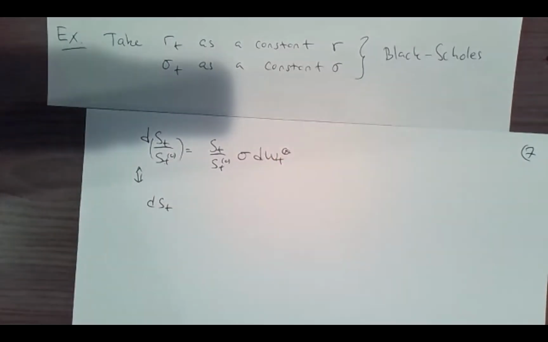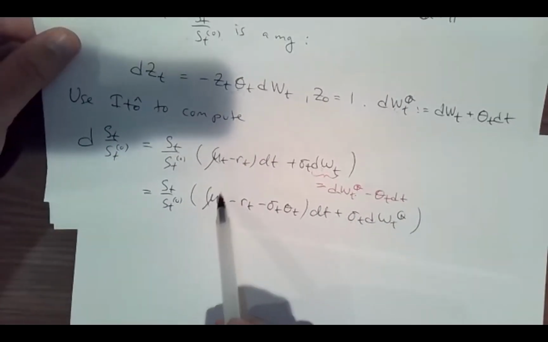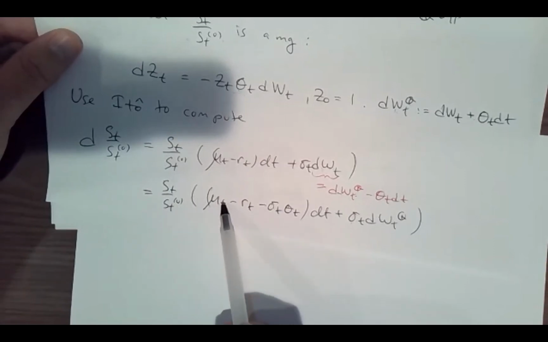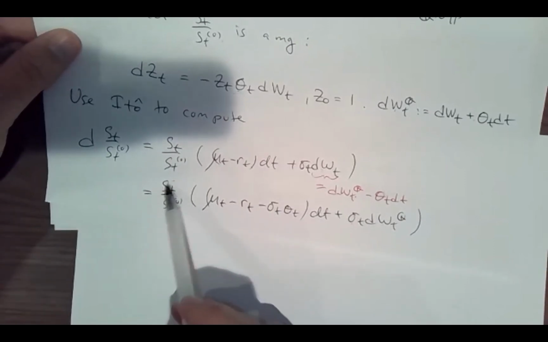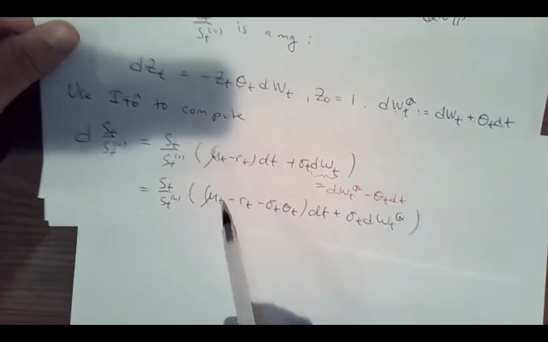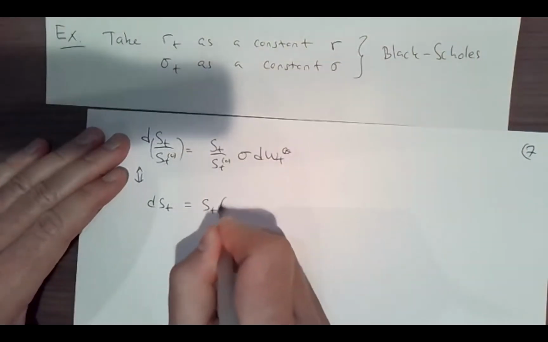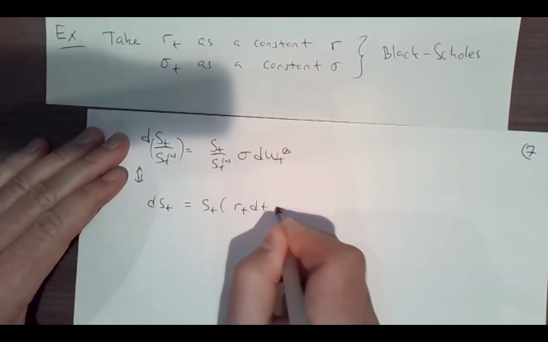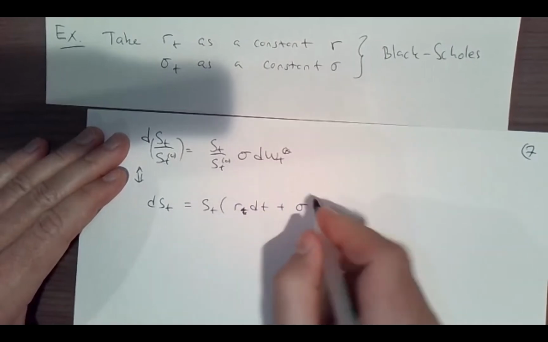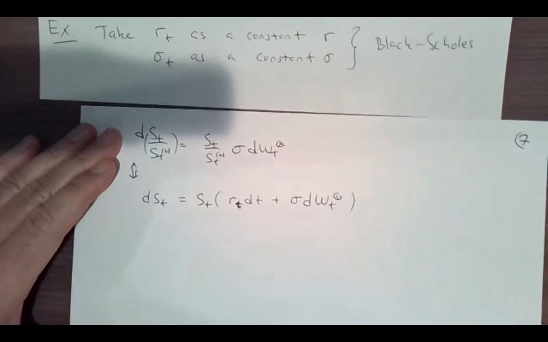When I discounted it to begin with, I moved from mu to mu minus R. So now if I want to move back to the undiscounted one, I'll have to add that R back in the drift. So this will be dST equals R dt plus sigma dWTQ.